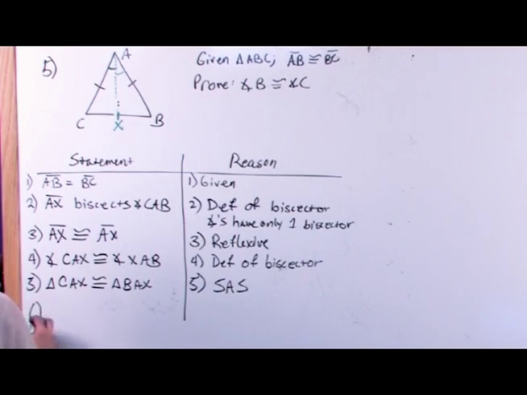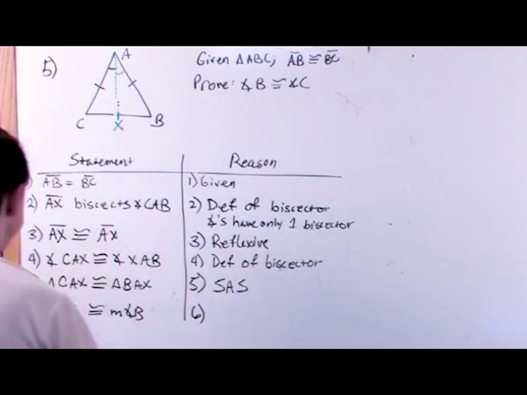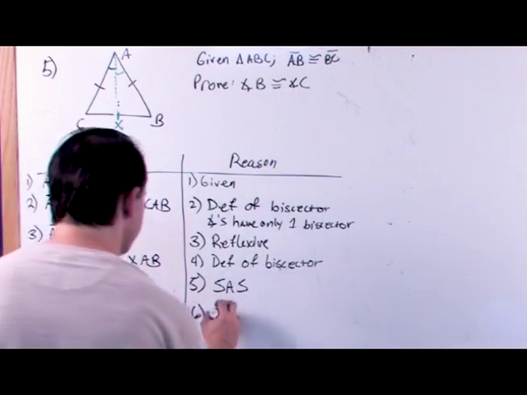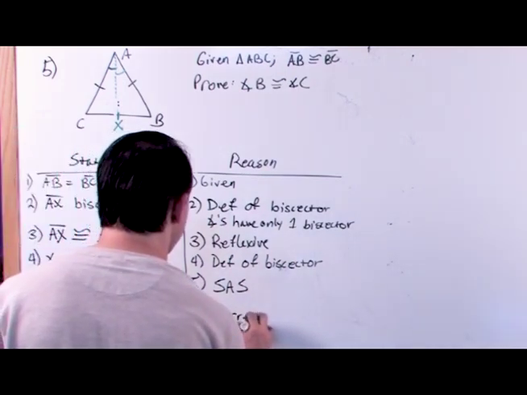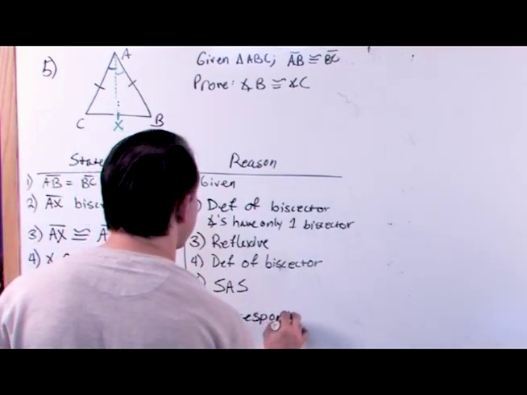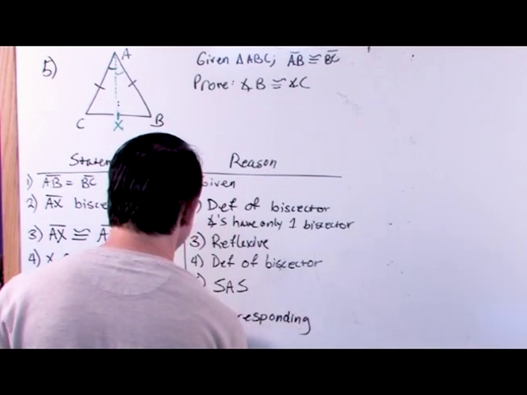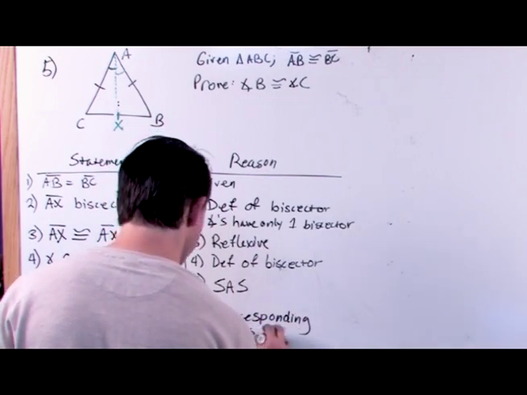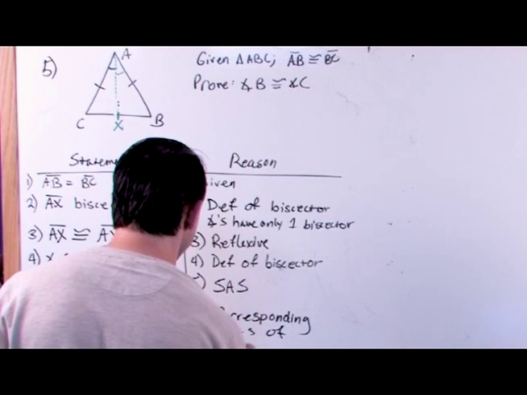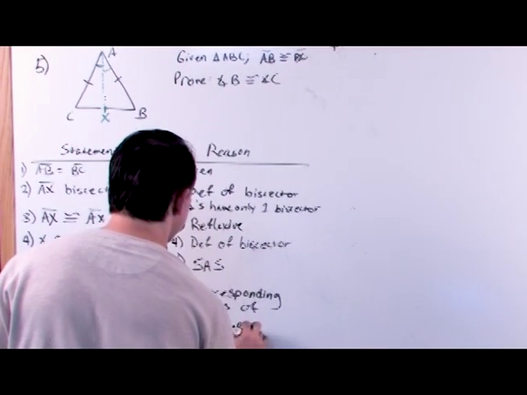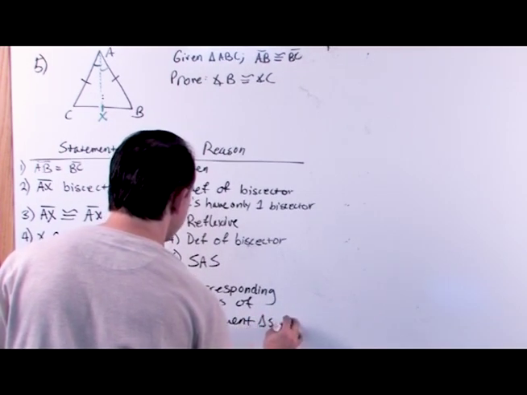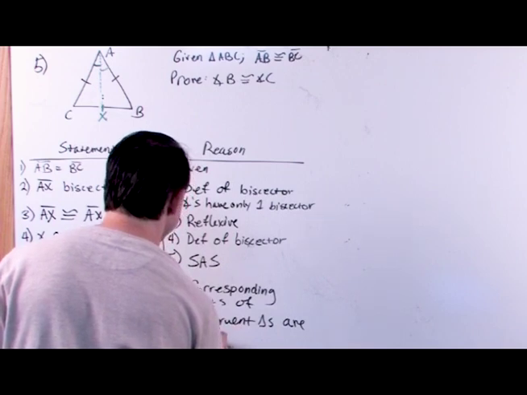And then finally, the conclusion statement: the measure of angle C is congruent to the measure of angle B. And the reason that's true is because corresponding parts of congruent triangles are congruent.